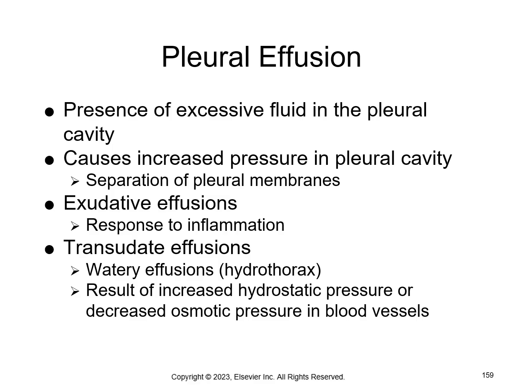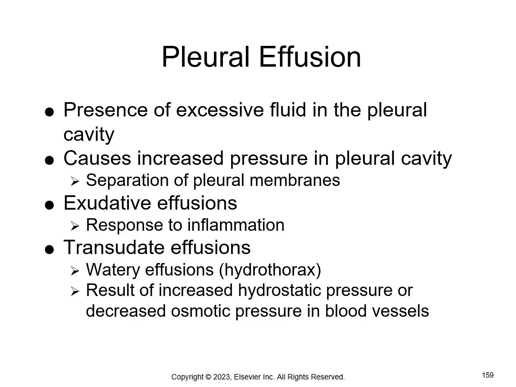Next is our pleural effusion. This is the presence of excessive fluid in the pleural cavity. This causes an increased pressure in the pleural cavity, and it can separate the pleural membranes. We can have exudative effusions. These are usually from some sort of inflammatory response in the body, and we can have transudate effusions.